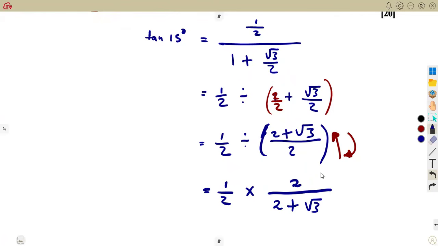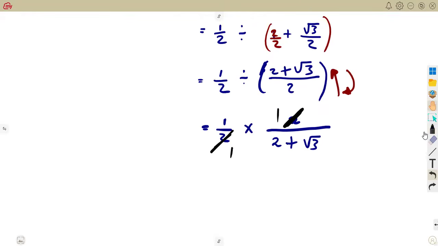So this numerator can cancel with this denominator. At the end, we're going to have 1 times 1, which is 1, over 2 plus the square root of 3. So this is where you are.